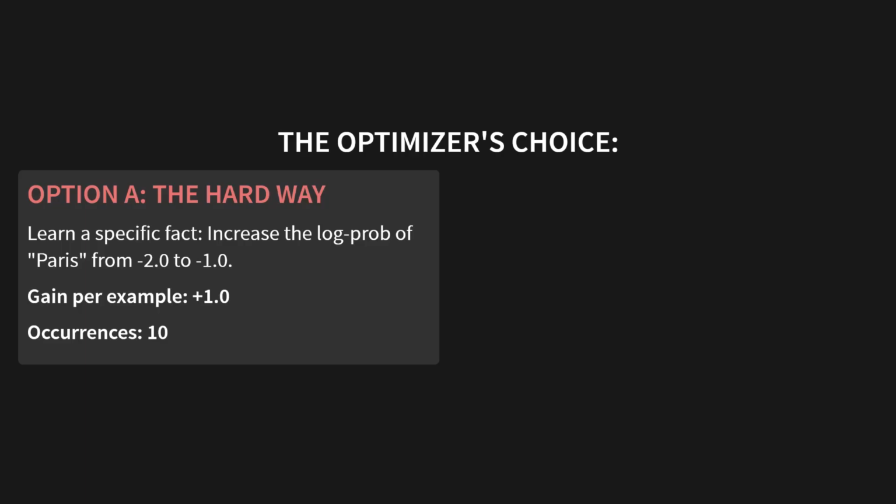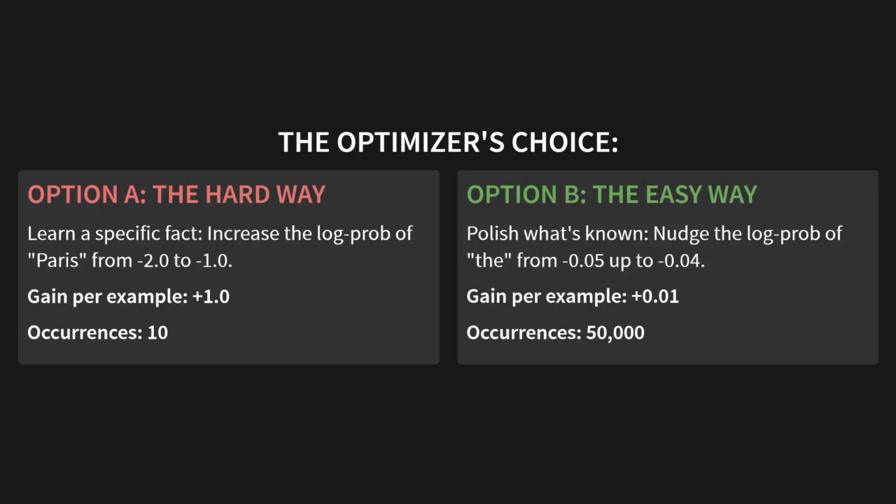It could learn a specific fact, like increasing the log prob of the word Paris from negative 2.0 to negative 1.0. The gain per example is plus 1.0. But this only happens in, say, 10 examples in our whole data set. Now, there's option B, the easy way.